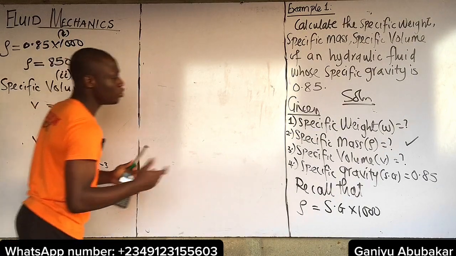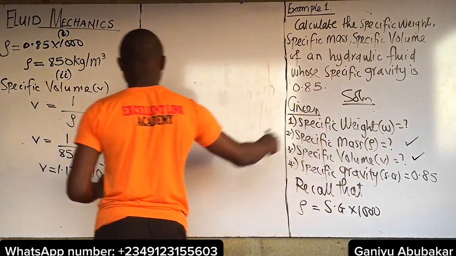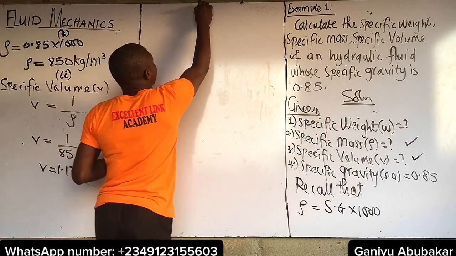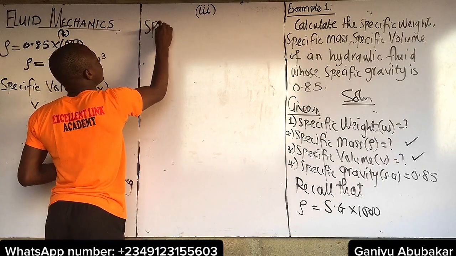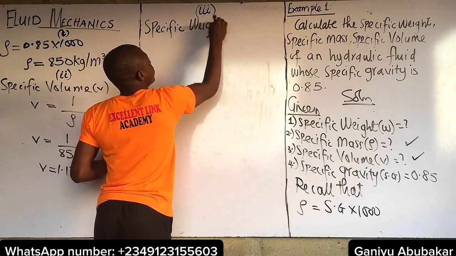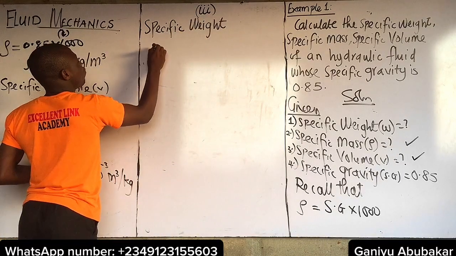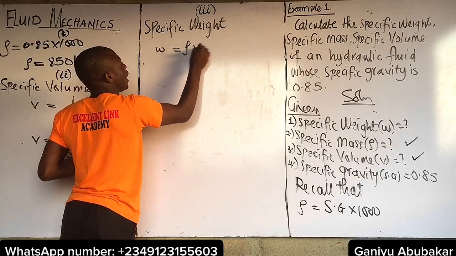All right, I'm done with this one here. Let's get specific weight done. What we know is that specific weight, small w, is equal to rho times gravity.